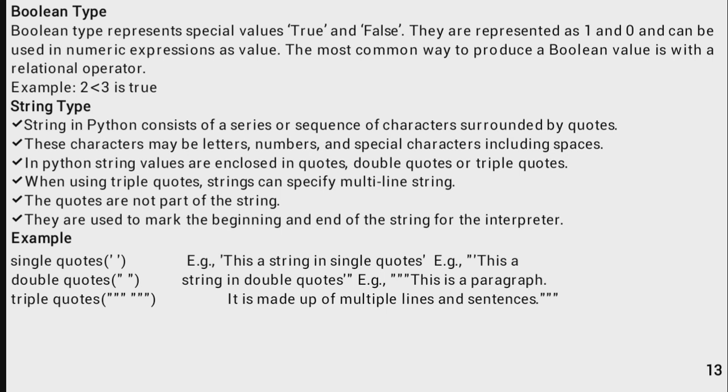In Python, string values are enclosed in single quotes, double quotes or triple quotes. When using triple quotes, strings can span multiple lines, that means using more than one line. The quotes are not part of the string. They are used to mark the beginning and end of the string for the interpreter.